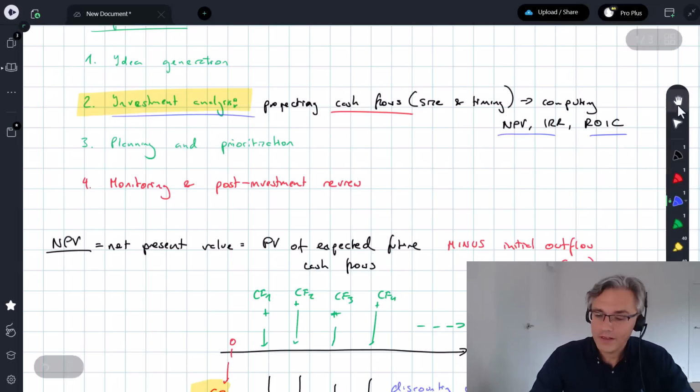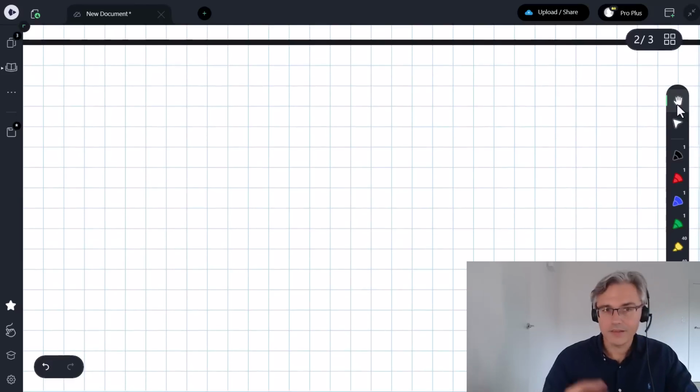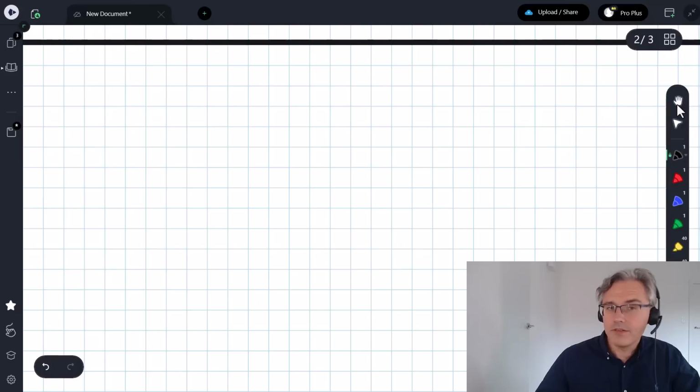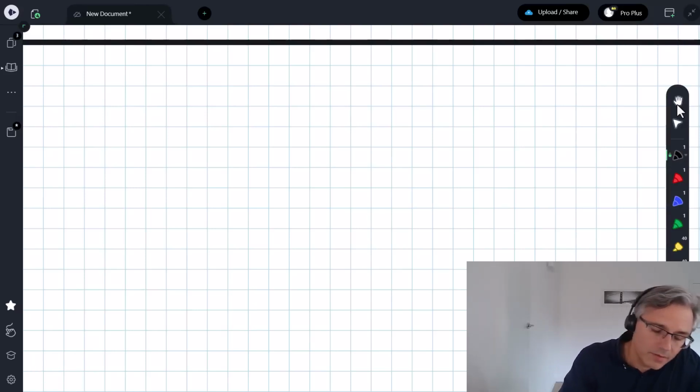So whilst NPV is for us the primary financial criterion, it is by no means the only criterion that companies use in making investment decisions. There are others which are less financial, more intangible, so to speak.